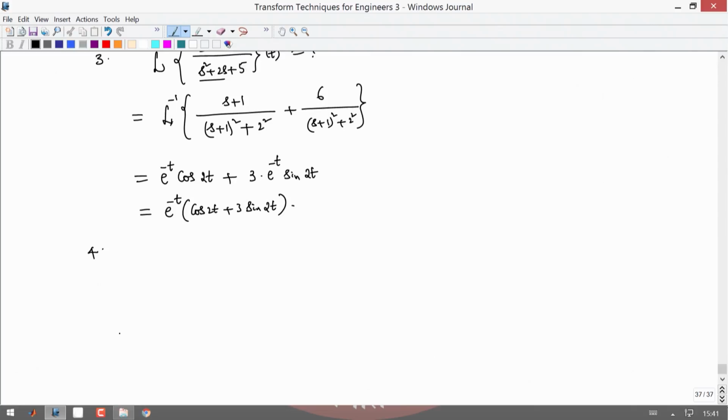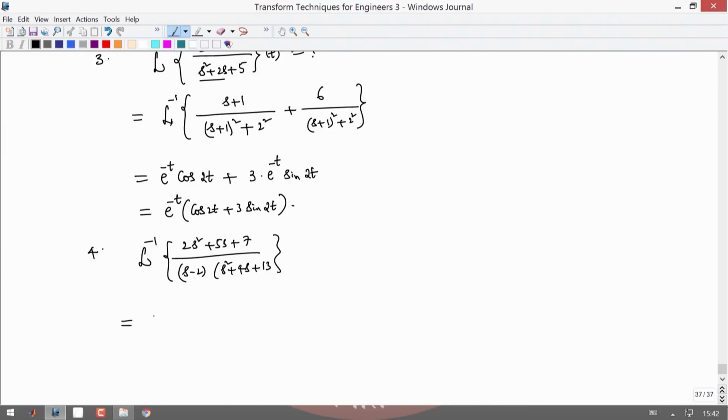In the same way, you can do one more example: what is the Laplace inversion of (2s square plus 5s plus 7) by (s minus 2)(s square plus 4s plus 13) as a function of t?